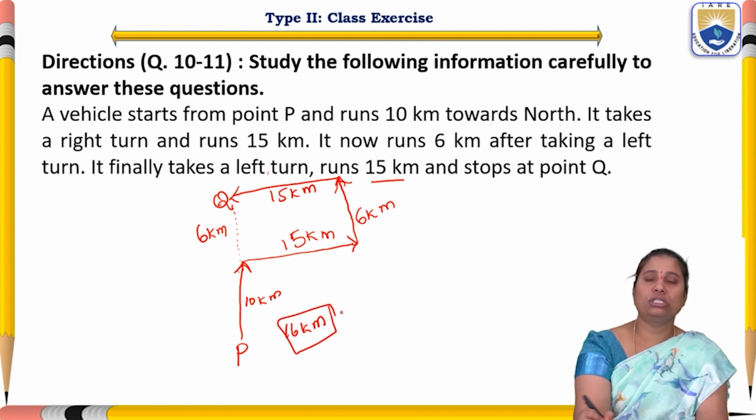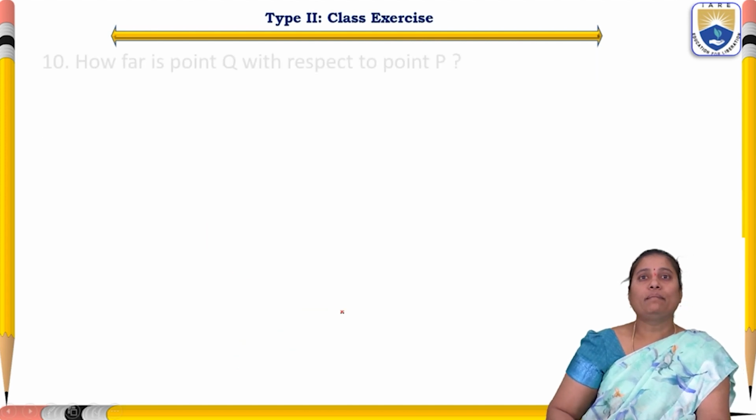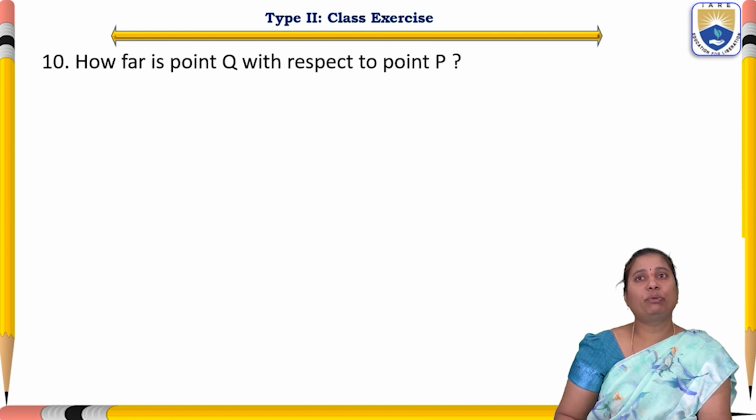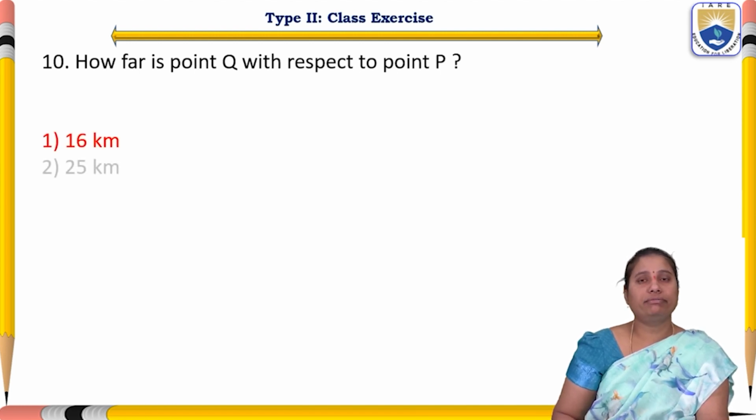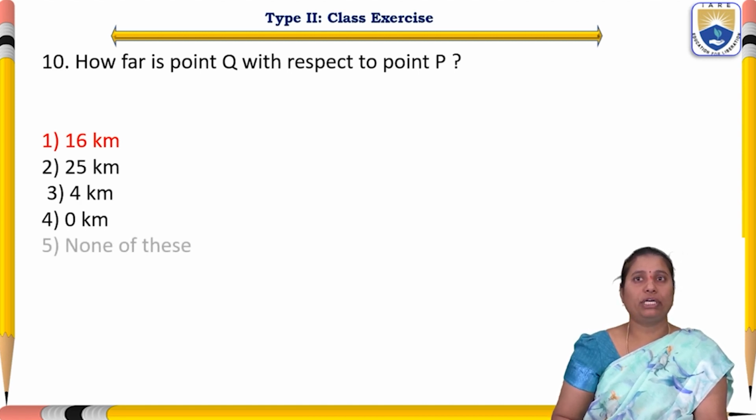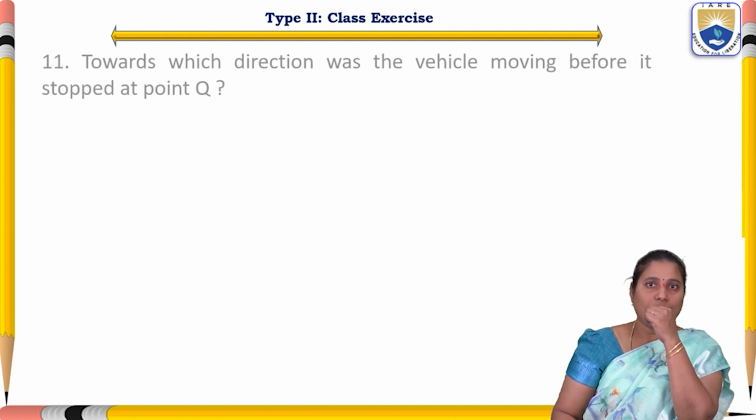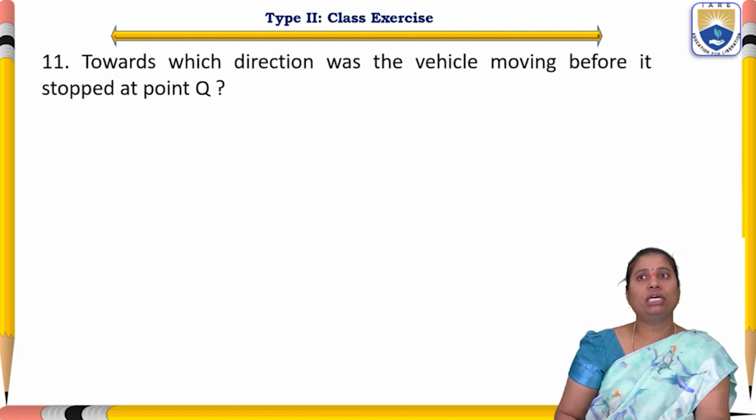Let us see the questions they will ask. How far is point Q with respect to point P? We have already seen it is 16 kilometers. And towards which direction was the vehicle moving before it stopped at point Q?